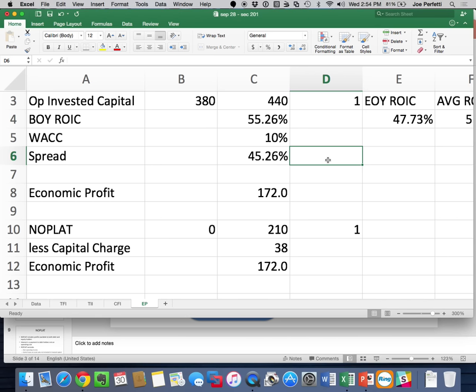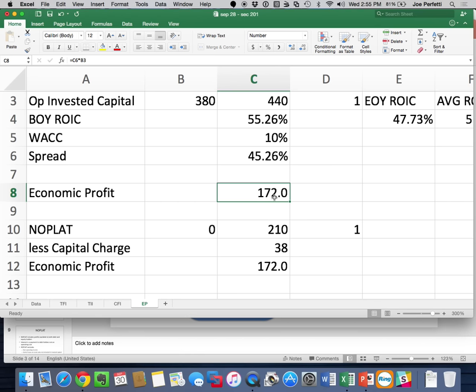Economic profit is about a one-period change in value. Okay? So the idea here is we take our initial capital, we look at the change in value to the capital, and then what we do is we forecast the change in value. And the forecasted change in values plus the original capital equals the value of the company. Right? So it's just a different way to arrive at the share price.